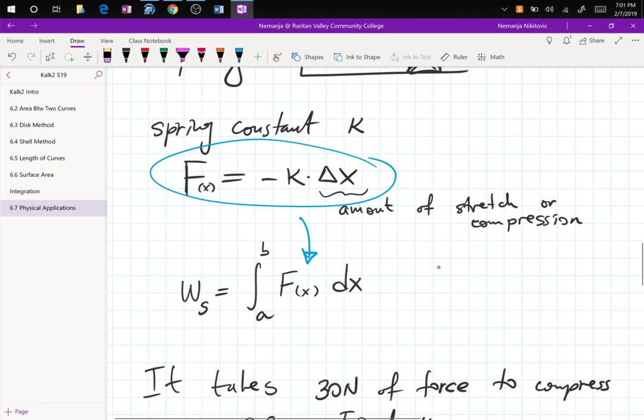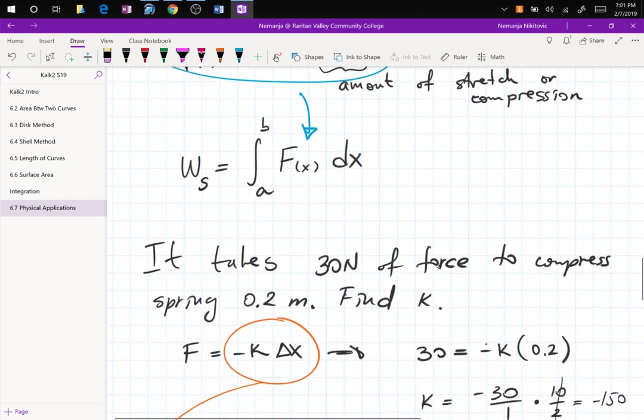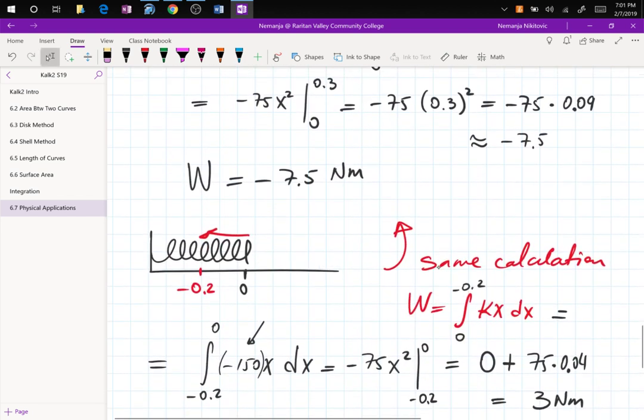So now, you can either use the negative there, or you can use the fact of which one of these numbers comes in first on the integral.